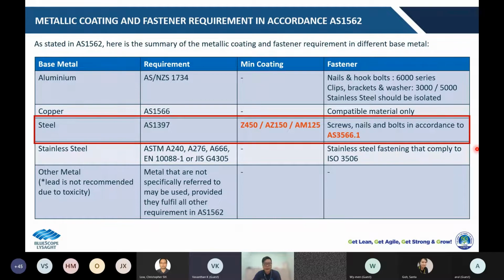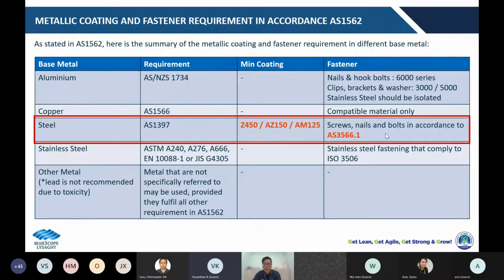Okay, as highlighted in the red box here, we use the steel as a base metal, and the material must comply to AS1397, the continuous hot dip metallic coated steel sheet and strip, coatings of the zinc and zinc alloy with aluminum and magnesium. This is the topic of the AS1397.